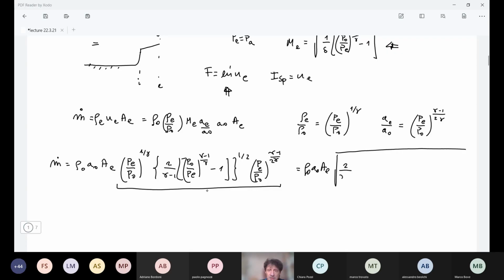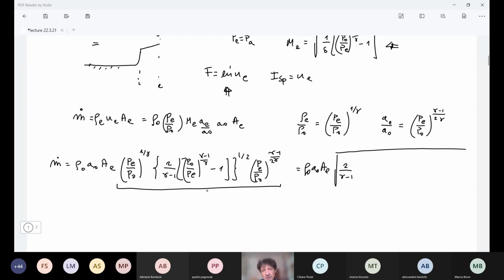2 over gamma minus 1. Then we see here this will be P over P0 to 2 over gamma, and here we have to consider that you are multiplying P0 over P to gamma minus 1 over gamma by its inverse, the same power, so this is 1.